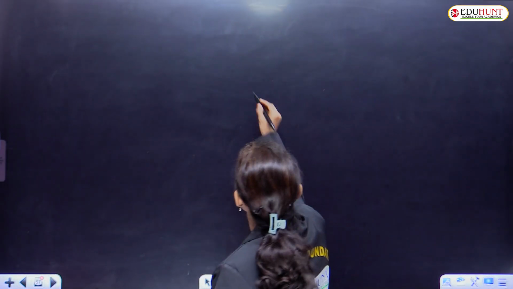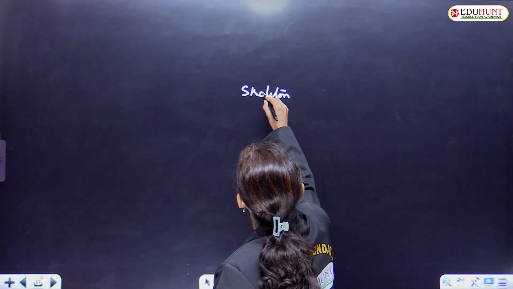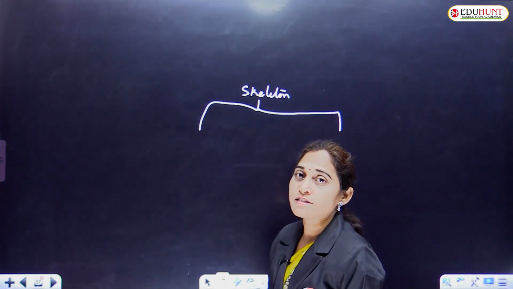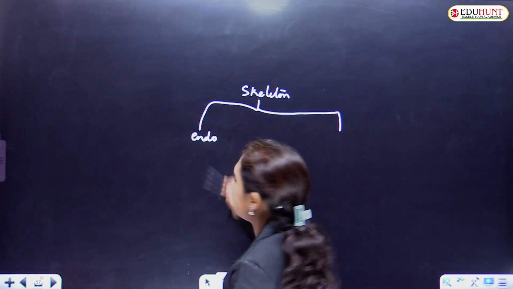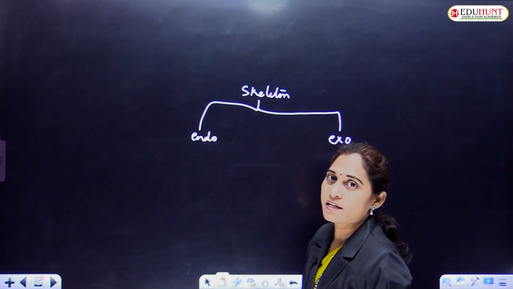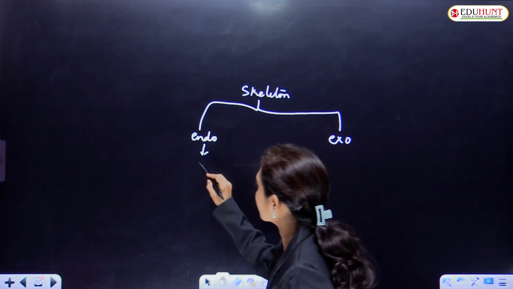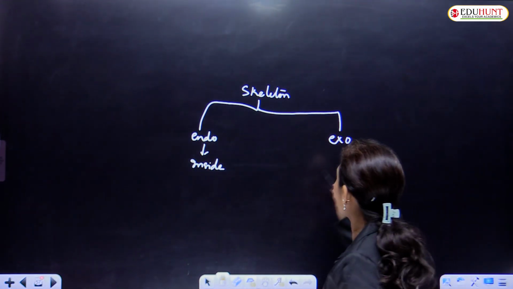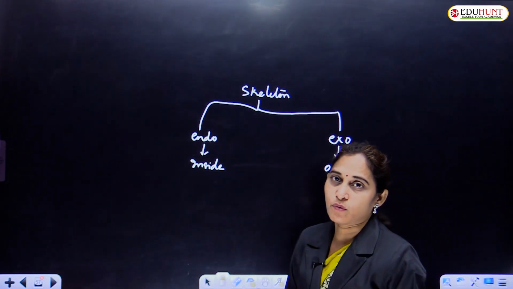Skeleton. Skeleton is of 2 types: endoskeleton and exoskeleton. The name indicates that the endoskeleton is present inside the body, and the exoskeleton is the outer covering of the body.